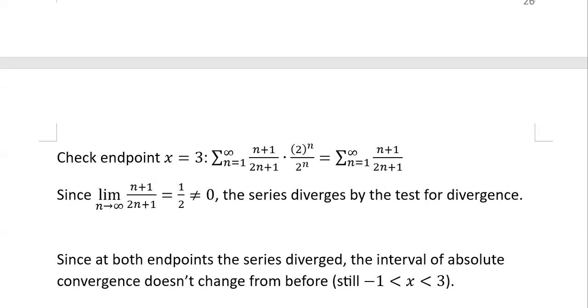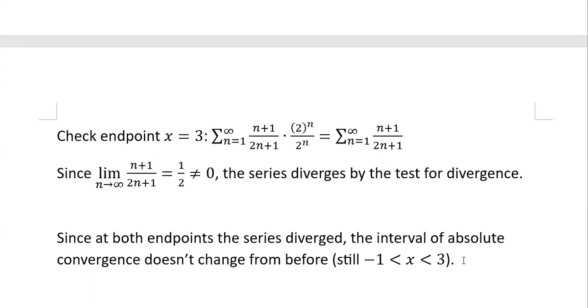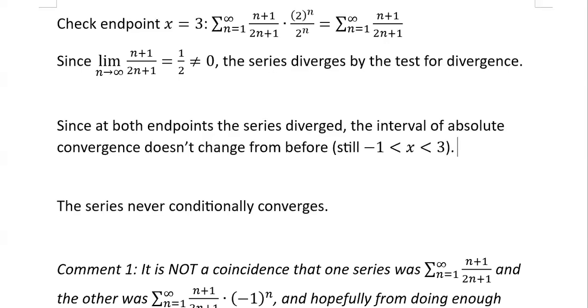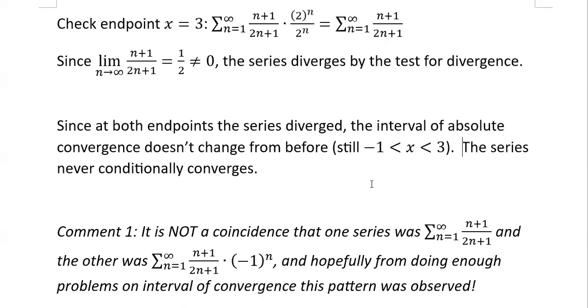And I forgot to state this: the series never conditionally converges. Okay, so we answered both questions now. The interval for the values of x in which the series absolutely converges is between -1 and 3, not including the endpoints, and it never conditionally converges.